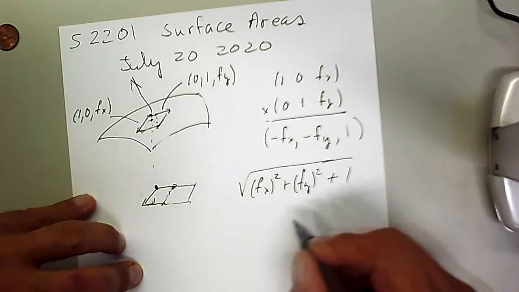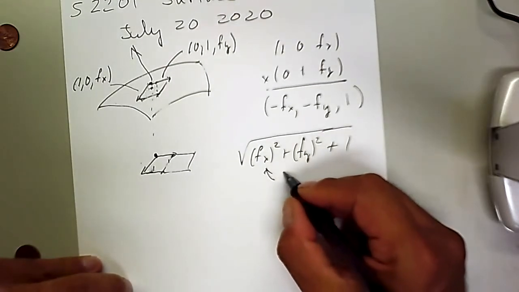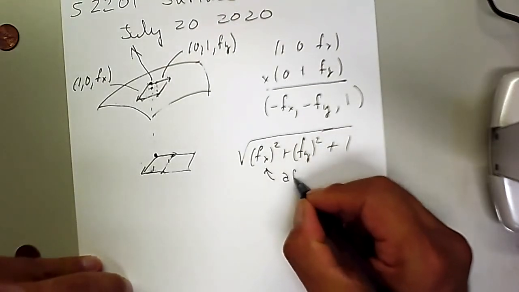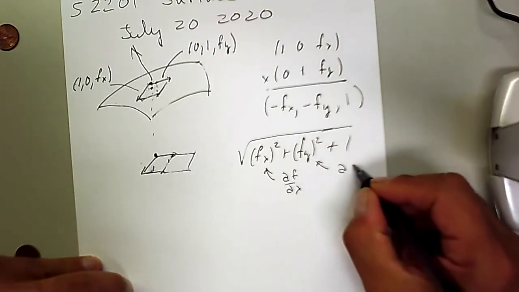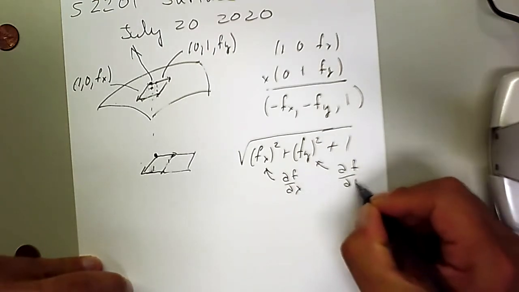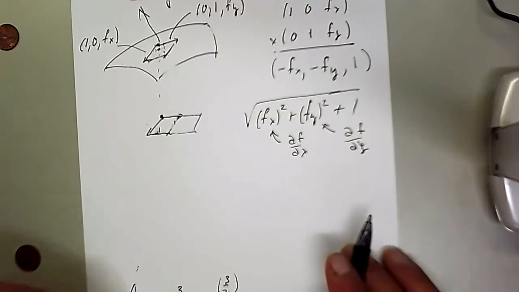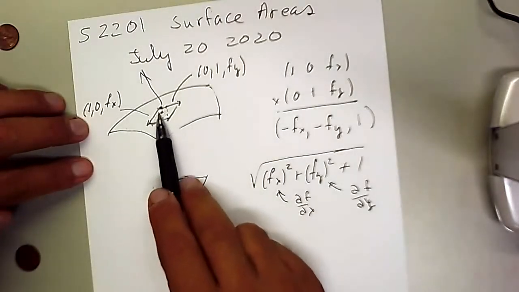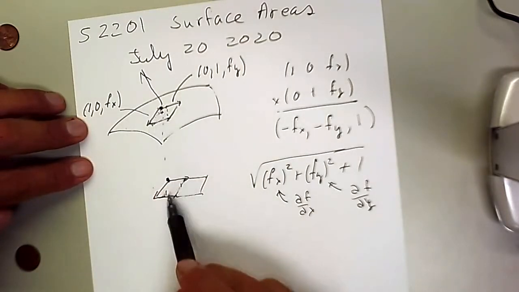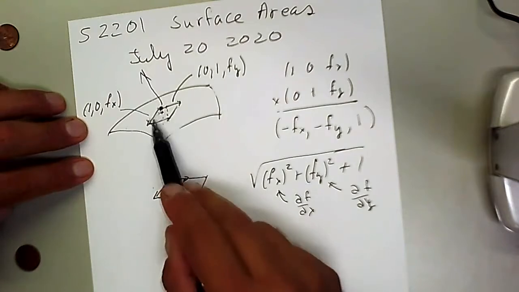Remember, by the way, that this is the partial, so a longer notation would be partial f with respect to x, and partial f with respect to y. I usually put f sub x because it's just way shorter. Okay, that would be the area of this parallelogram, which is a 1 by 1 on the floor, not 1 by 1 here because the slopes make this longer.